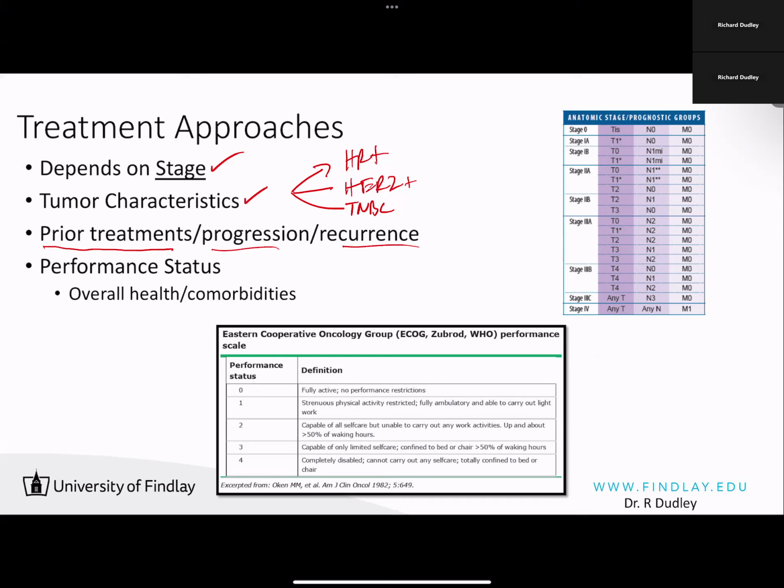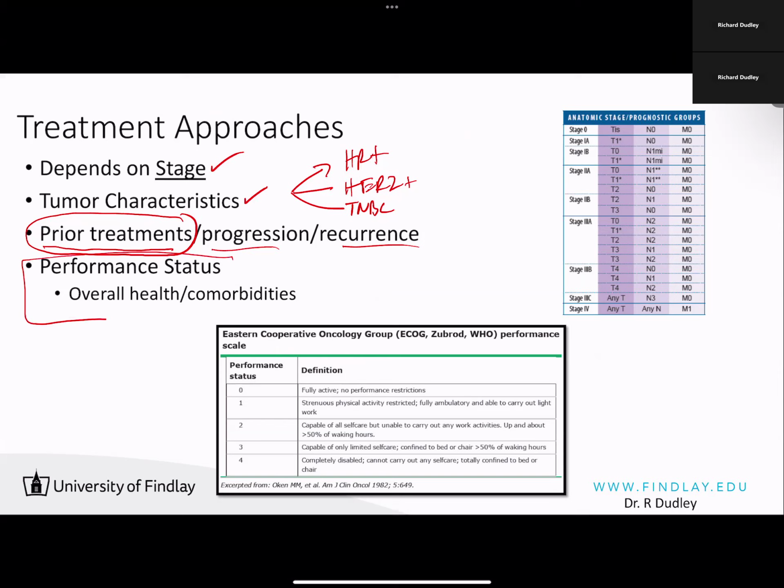What prior treatments did they have? And when we talk about prior treatments, we also need to consider how long has it been since that regimen ceased? Did it come back within 6 months or has it been 6 years? Because that can predict whether or not that recurrence is going to respond to the same regimen or not.